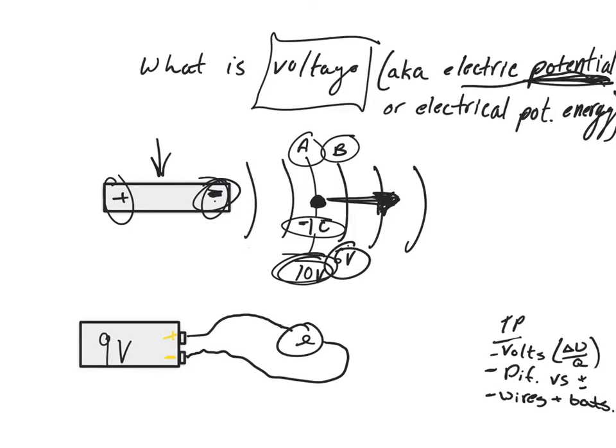Now, just like before, I don't want you to necessarily think about it as positive and negative numbers, just a difference in electrical potential or a difference in voltage. So the difference between the positive terminal and the negative terminal is 9 volts.